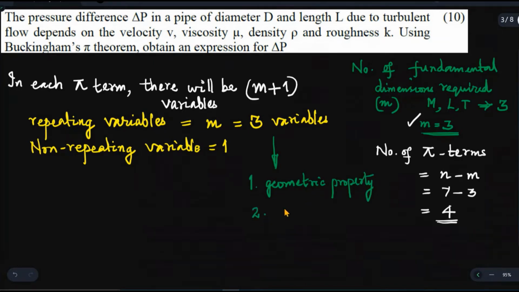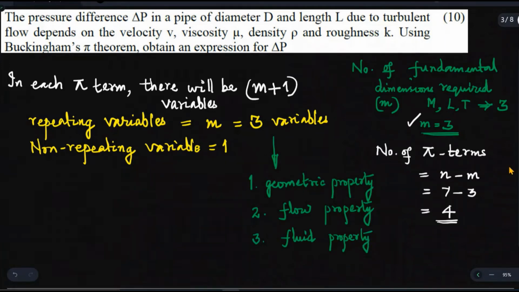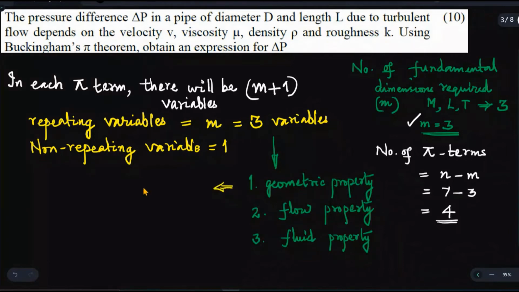Then the second one, we will choose one flow property. Out of the given variables, we have to choose one geometric, one flow property, and one fluid property. This is a generalized thumb rule. Of course, there are exceptions.